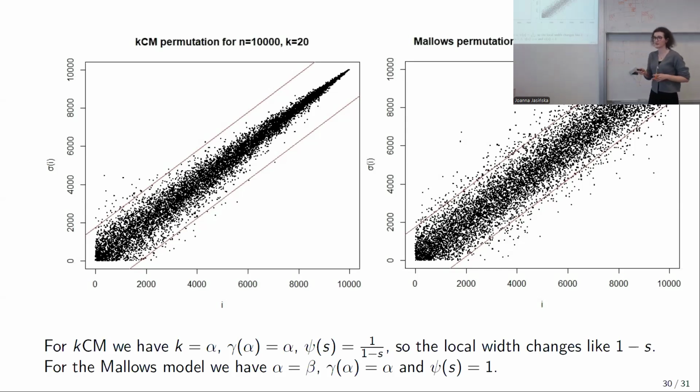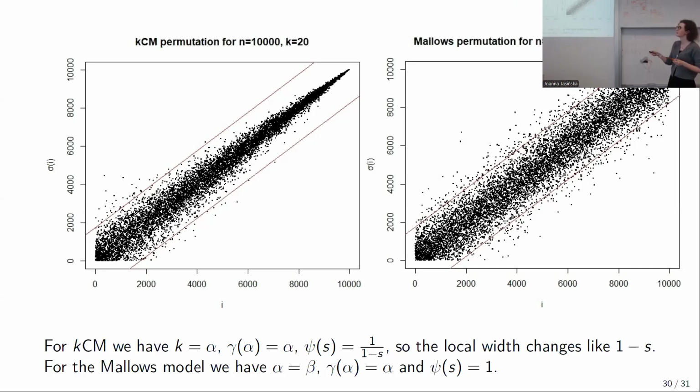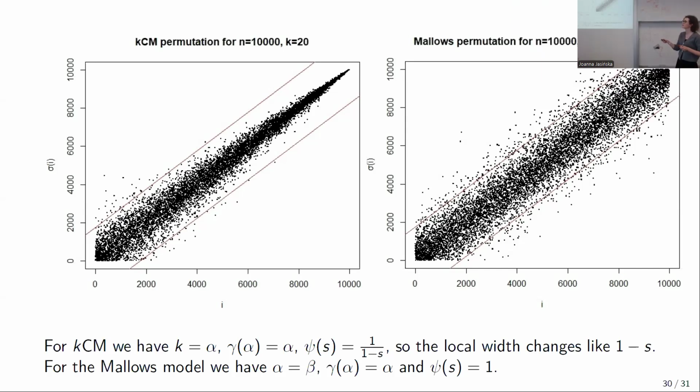And let's meditate over it for a while. This is my plot of points from the KCM model. I can see that they are mostly concentrated in some kind of tube around the diagonal, but I also can see that the shape changes. This is described by this function psi.